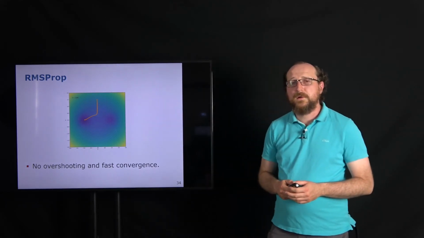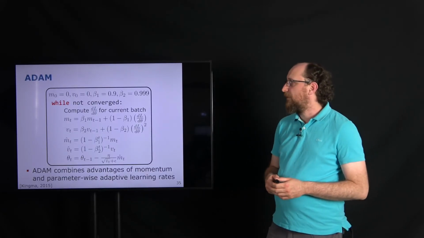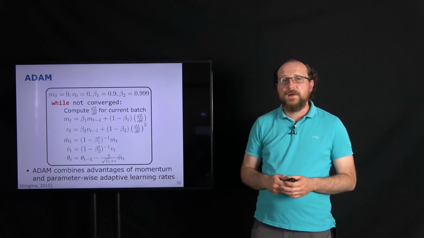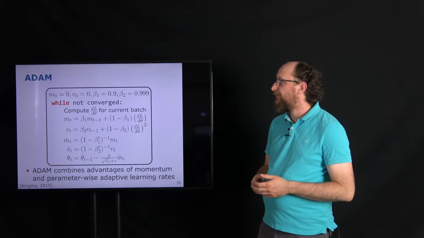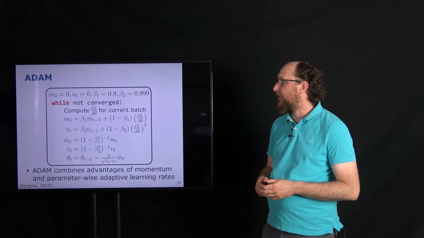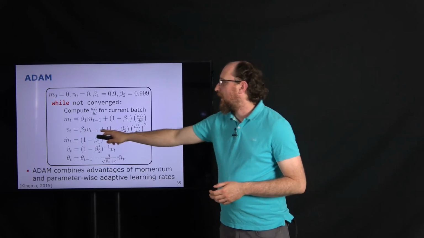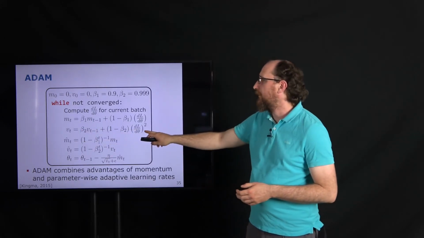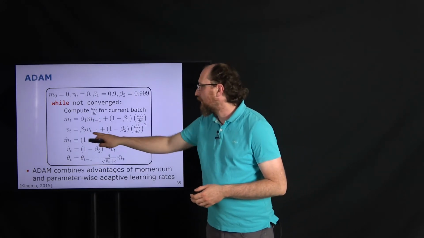And therefore, researchers came up with the so-called Adam method, which then combines basically the advantages of RMSprop and momentum. And this looks a little bit more complicated, but as you can see here, this is the part that we also had before with the RMSprop. It's just using this parameter beta 2 here.